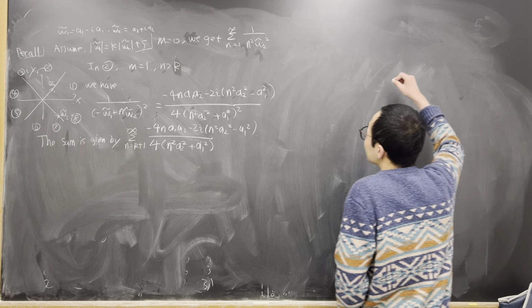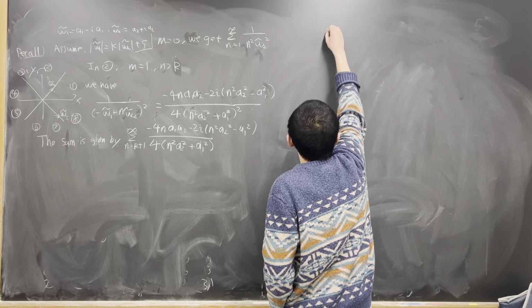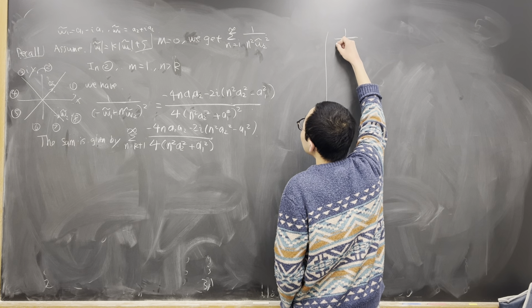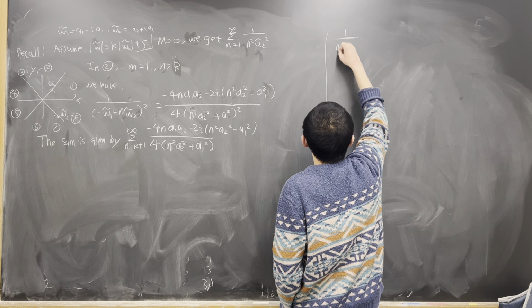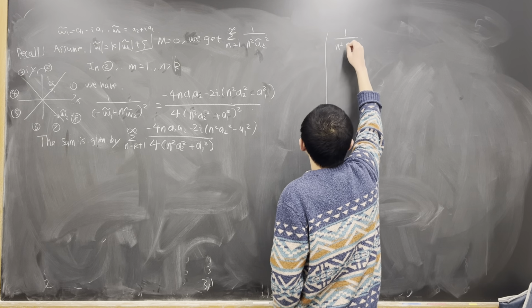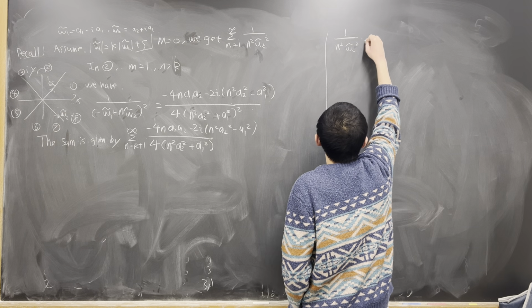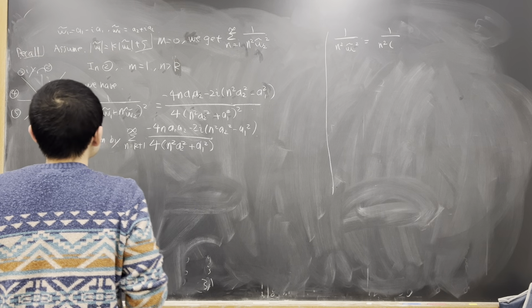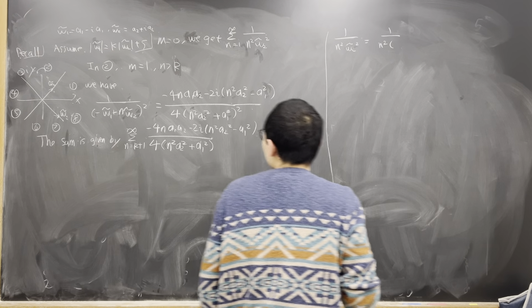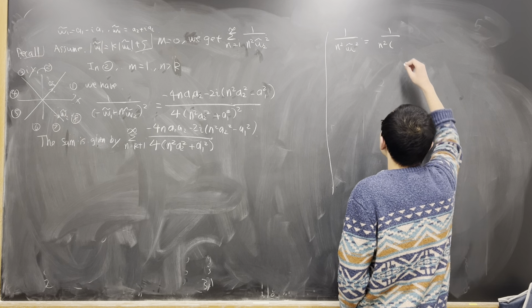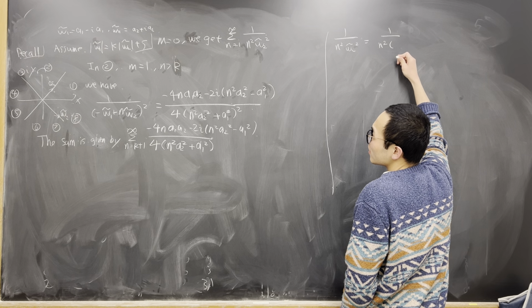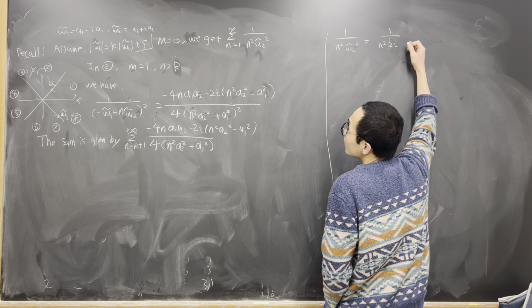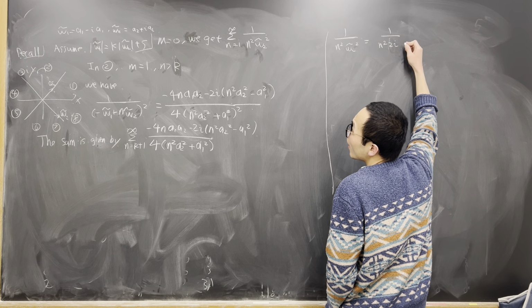Let's say for one term, 1 over n squared omega 2 squared. Omega 2 is this guy, so when you expand it, it's a2 squared plus 2i a2 squared, right?